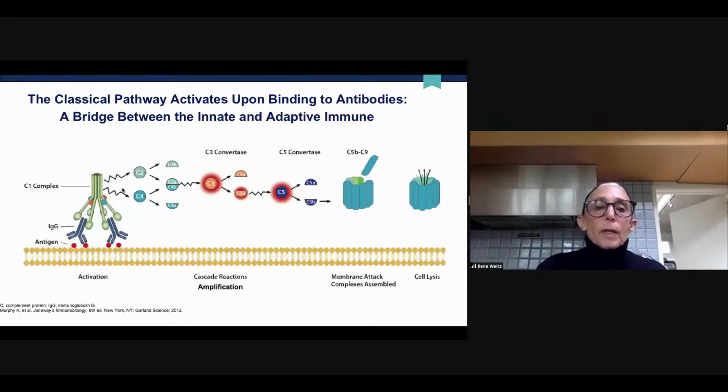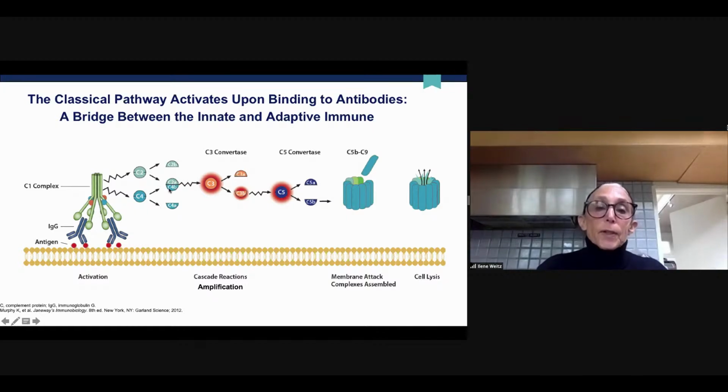Here you can see the classical pathway through antigen-antibody, IgG, or in the case of cold agglutinin, IgM, activating the C1 complex, C1q, r, and s, which then binds C4, generating C4b, and also cleaves C2 to generate C2a.